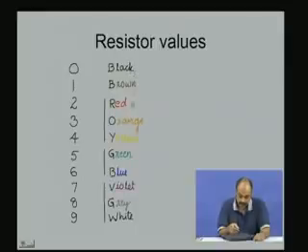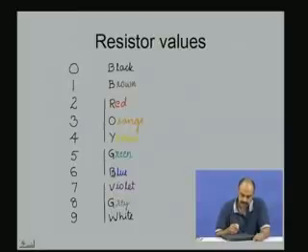Now, it is pretty difficult to remember the order in which the colors are written. So we normally have a key. You look at the first letters: B, B, R, O, Y, G, B, V, G, W. These last two are phrases, GB and VGW, and you can remember them as phrases.